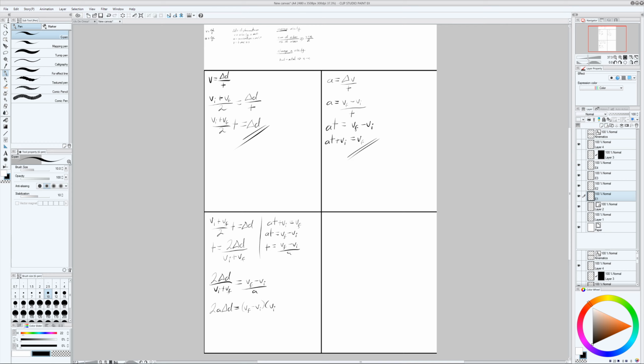and Vi plus Vf. Now, something you may have come across is a thing called conjugate pairs in like quadratic equations and stuff.